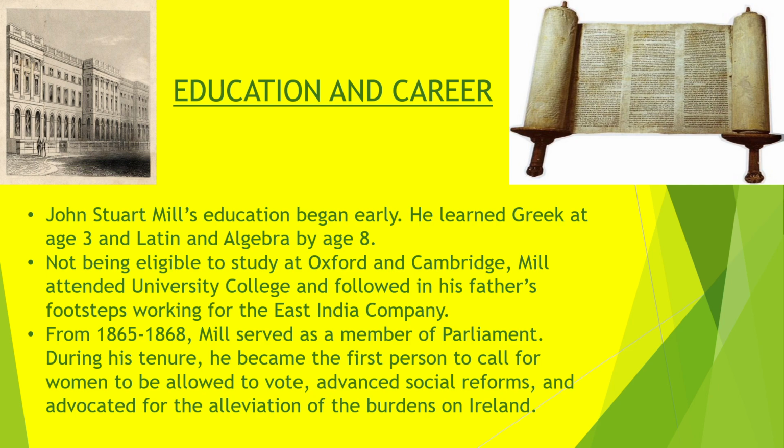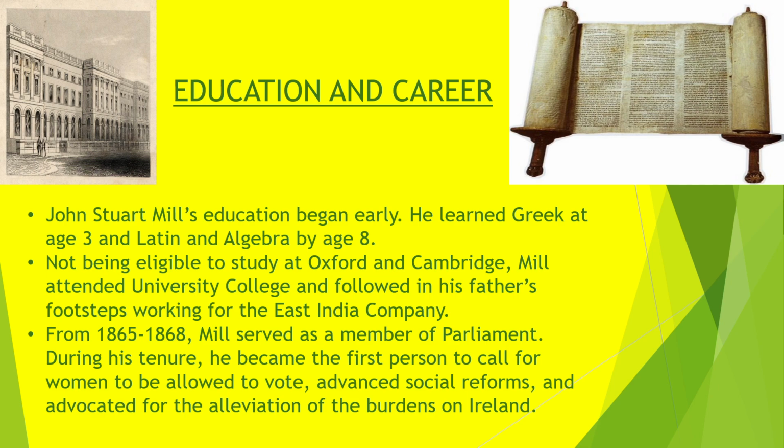So, as far as John Stuart Mill's education goes, he learned Greek at 3, Latin and algebra by the age of 8. He wasn't eligible to study at Oxford and Cambridge, so Mill ultimately attended University College, and he followed in his father's footsteps and worked for the East India Company.